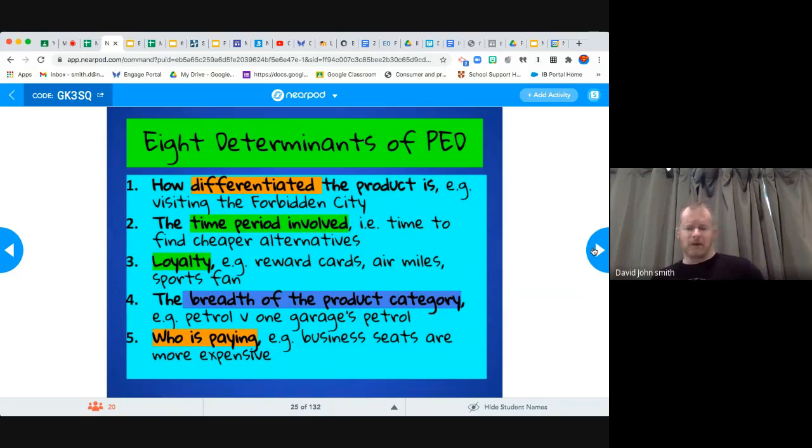The time period involved, and we discussed this with your behavioral economics. The longer time you allow for people to make decisions, the more likely it is that they're going to be able to find an alternative. We saw all of the behavioral economics tools that encouraged people to make very quick, snap decisions.